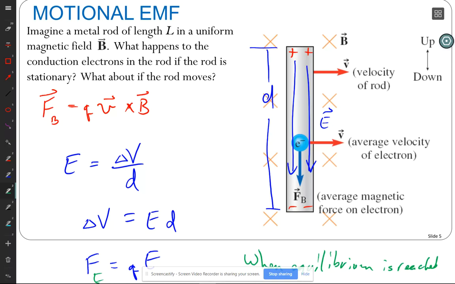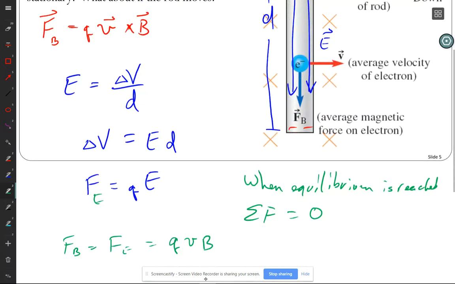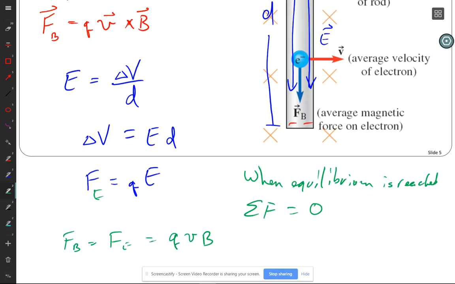From the red equation there, force is equal to QV cross B, to the green equation at the bottom that says force equal to QVB. Okay, the vectors have to be perpendicular. You said normal, right? The vectors have to be perpendicular to each other for me to make that change. Otherwise, I would have had times sine of the angle between them.